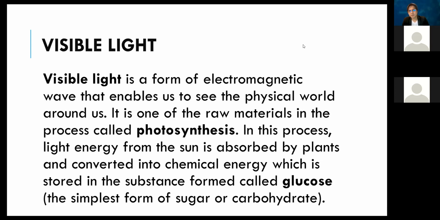This is one of the very vital raw materials for photosynthesis in order for the plants to create glucose. Glucose is the simplest form of sugar or carbohydrate, your C6H12O6.